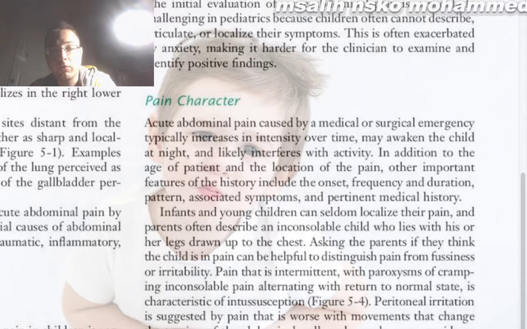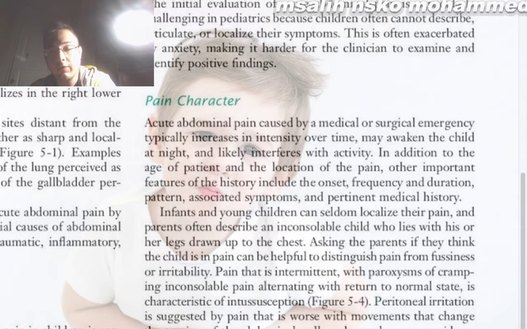So in acute abdominal pain, we have to communicate with the patient, if they are not so young or infant, to show us the position of the pain. In the infant and younger children it will be more difficult because they are not able to show anything. So we are searching according to the behavior of the patient.